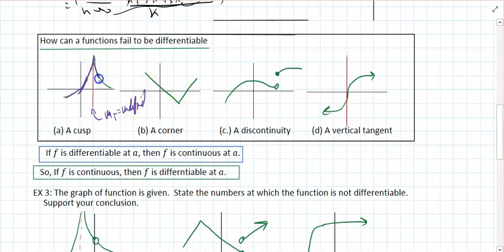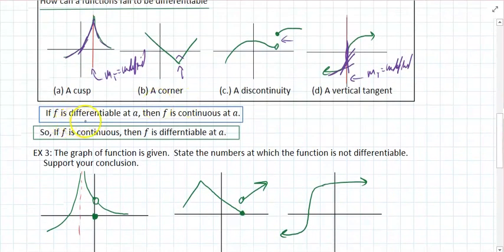A corner, a discontinuity, and again, if you look at the slope of the tangent, eventually you will get to a vertical tangent in which the slope is undefined.